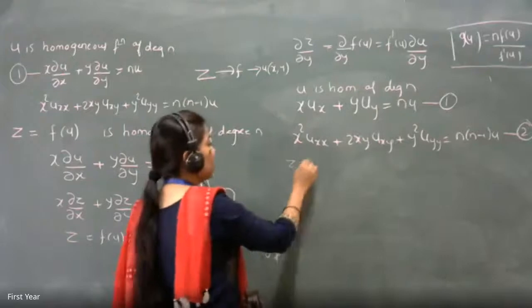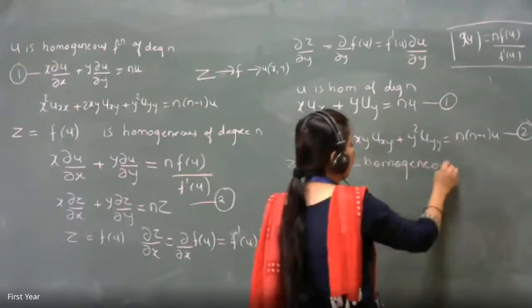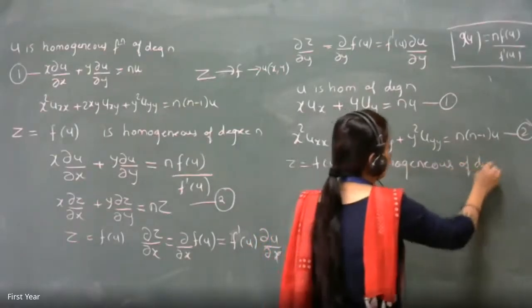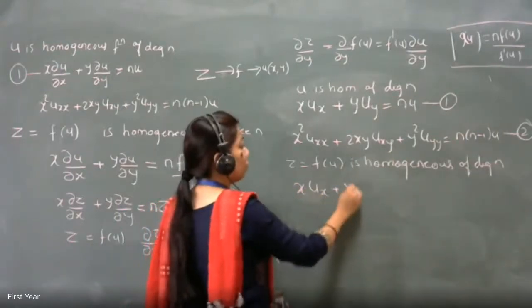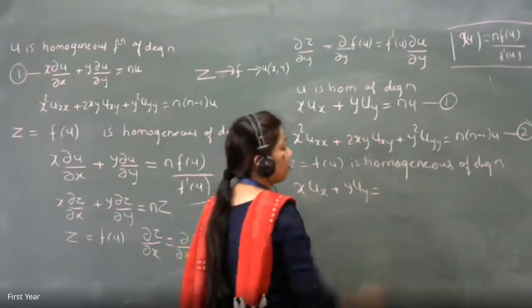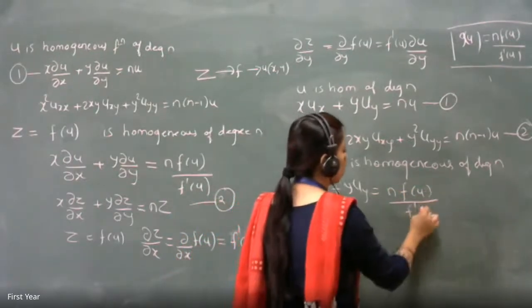And if z is equal to f of u is homogeneous of degree n, then x ux plus y uy, left hand side remains same, but right hand side becomes n into f of u by f dash of u.